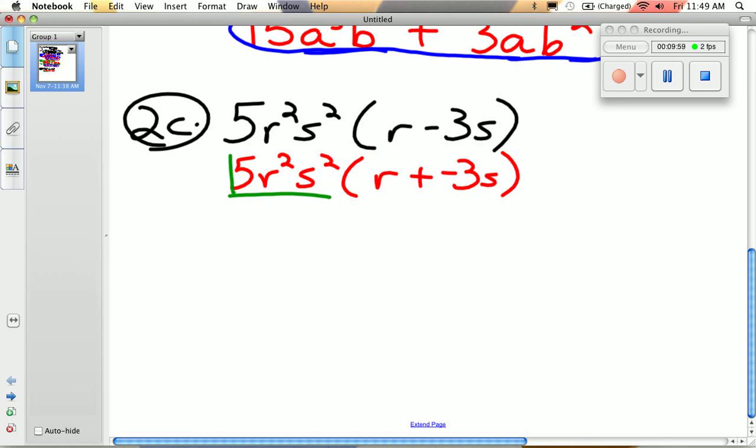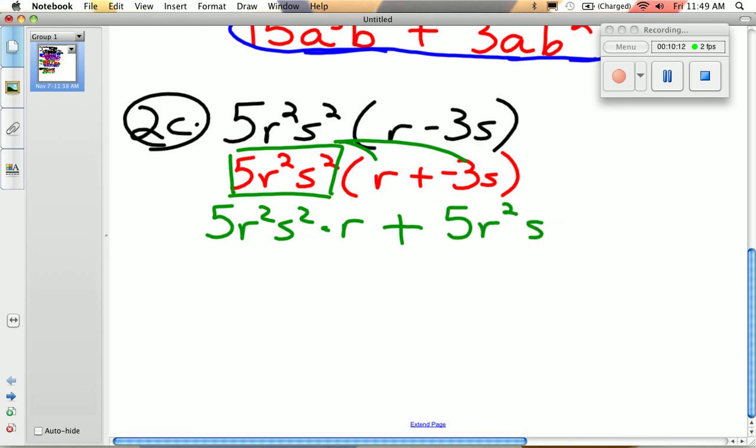This has to be multiplied times both of those. So 5r squared s squared times r plus 5r squared s squared times what? Times negative 3s.